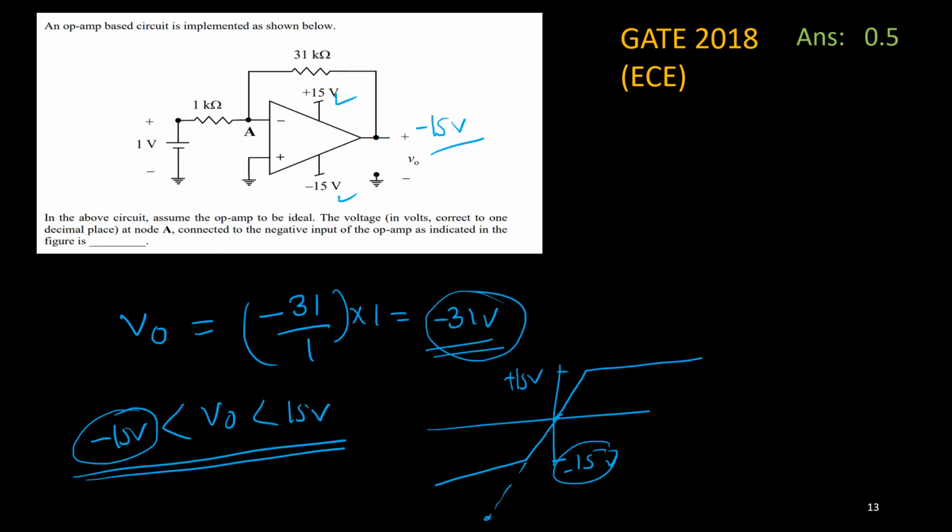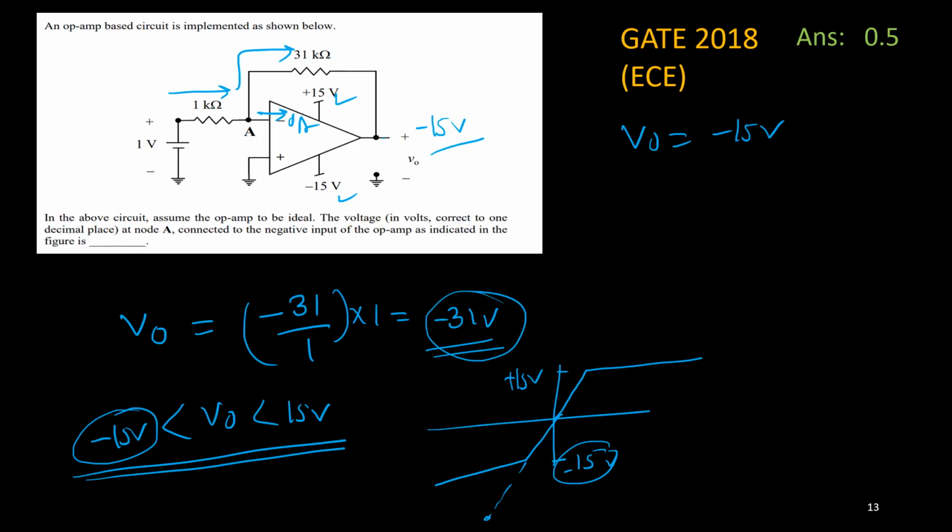Okay. So with this voltage, now we assume that V0 is minus 15 volt. Now what is VA? And the rest are same, ideal. So no current is entering here, 0 ampere. So whatever current will come here has to go through this one. So that VA I can calculate. So what is the VA?